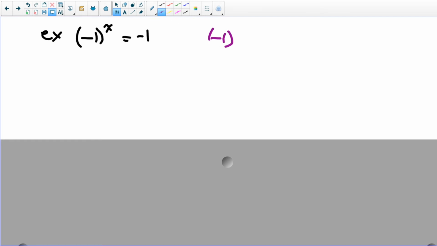Negative 1 to the 1 is definitely negative 1. But what is negative 1 to the 3? What is negative 1 to the 5? Okay, that's correct. So all odd numbers are a possibility.